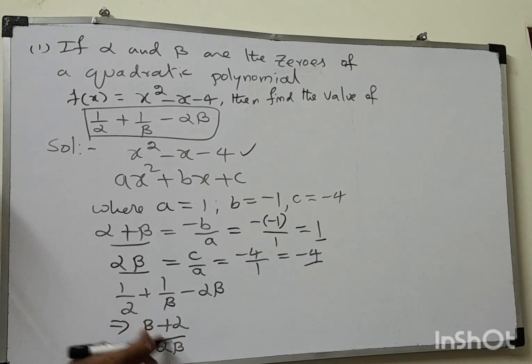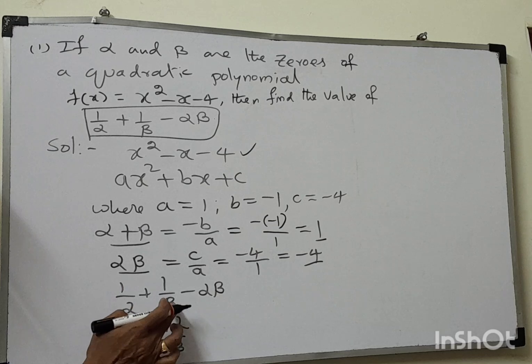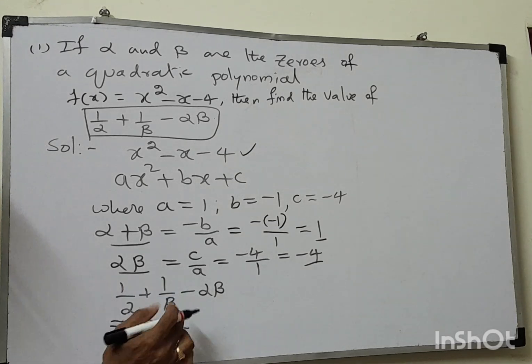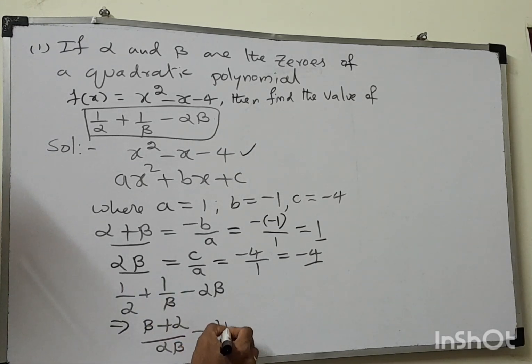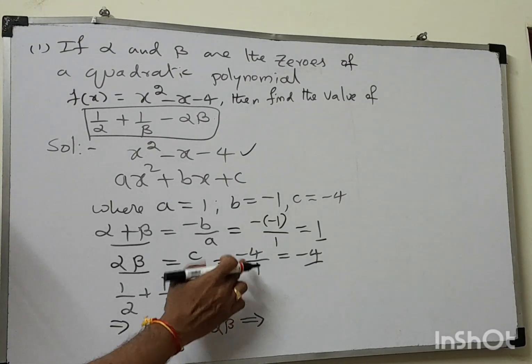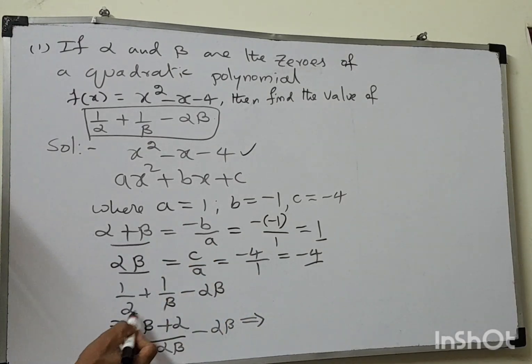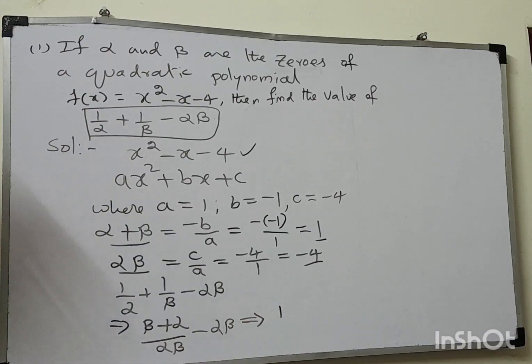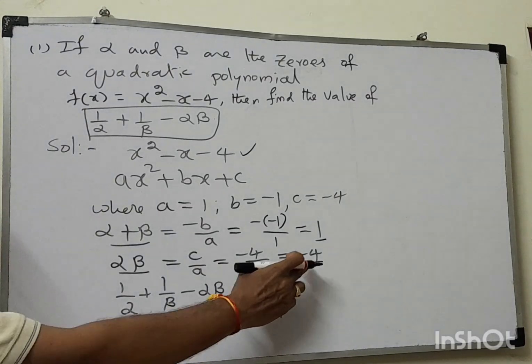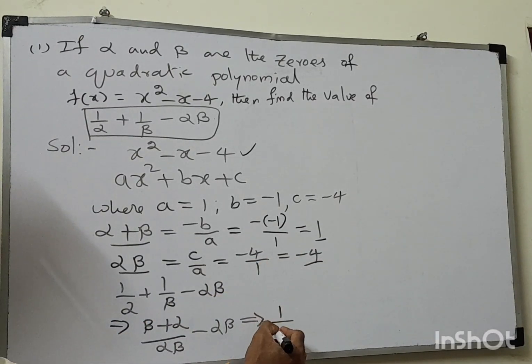Alpha beta times beta 1 is beta, and alpha beta times alpha 1 is alpha. Minus alpha beta. Now you know the alpha plus beta value equals 1, substitute here, and the alpha beta value equals minus 4, substitute over here.